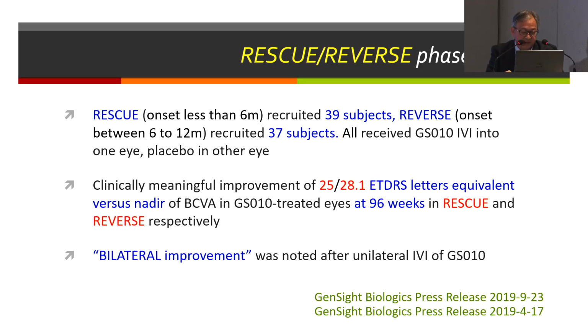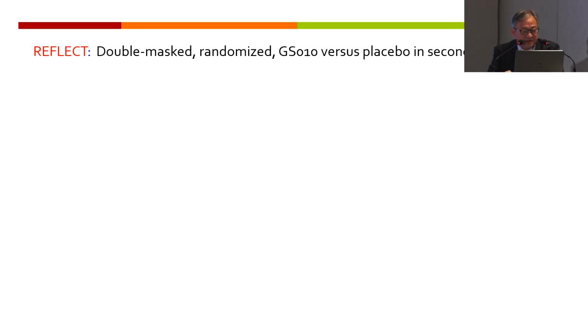However, a bilateral improvement was found after unilateral injection of GS010, so the primary endpoint comparing the visual outcome between the treated eye and the placebo eye did not reach statistical significance. The REFLECT study is a double-masked randomized trial of GS010 versus placebo in the second eye.